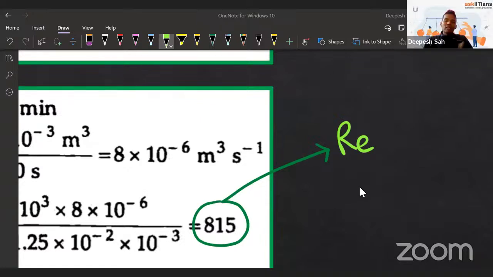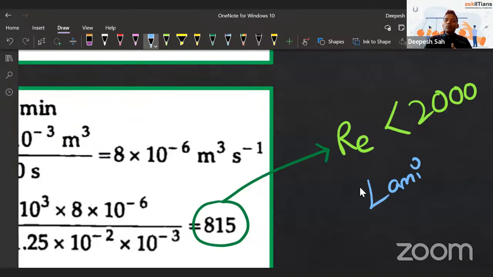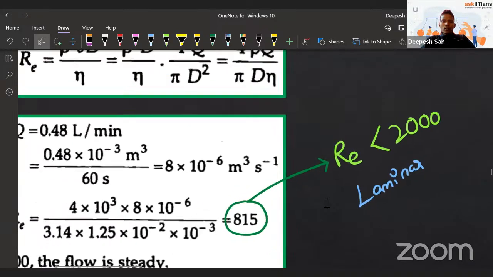Exactly, because this number is less than 2000, it is even less than 1000, without a doubt this will be a laminar flow. You can also call it a streamline flow.